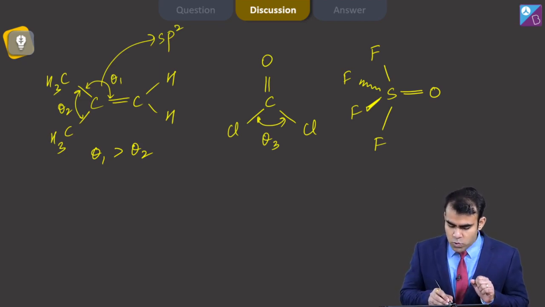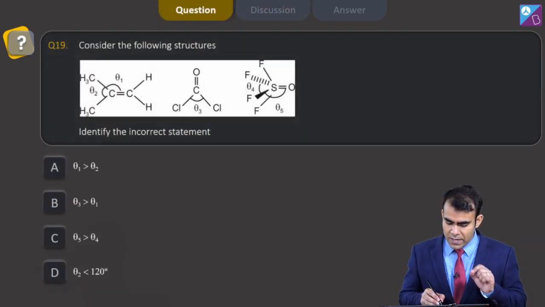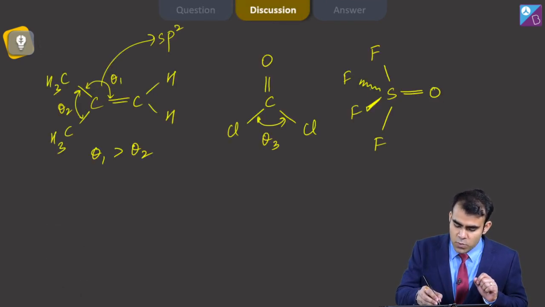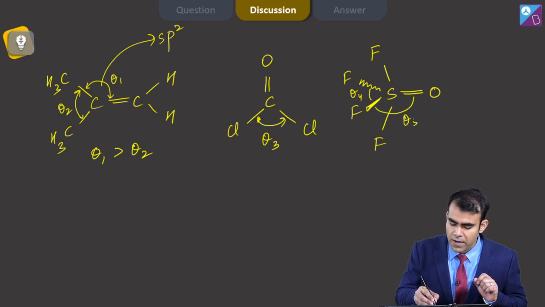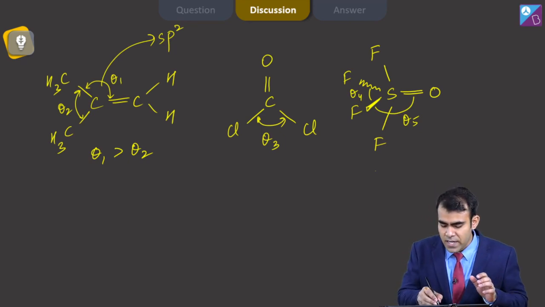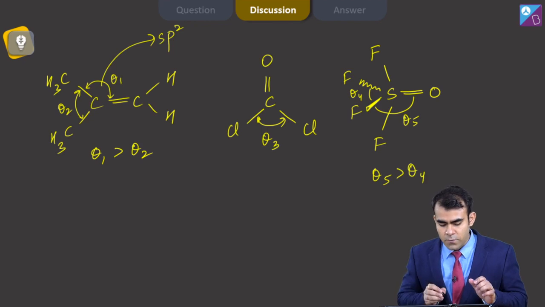And we have been given 2 bond angles here, theta 4 and theta 5. So this one is theta 4 and this one is theta 5. Now again, applying the same concept of VSEPR, we can say that theta 5 is greater than theta 4 and theta 1 is greater than theta 2.